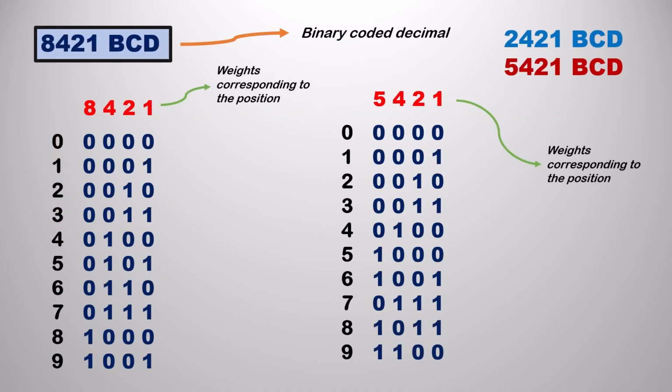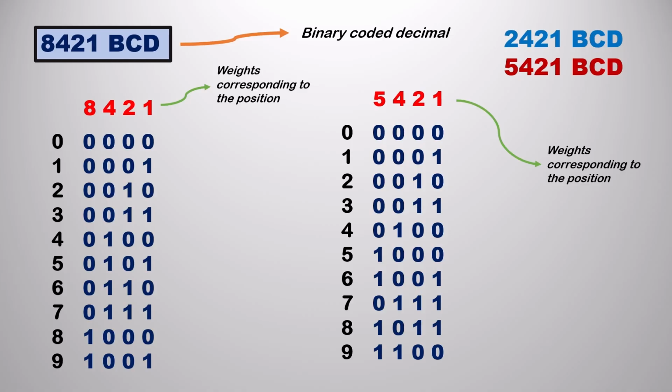We have already seen 8421 BCD. In the weighted codes, the second one we are going to see is 5421 BCD. I said that it is weighted. So if you add two positions or any multiple positions, we have to get the corresponding decimal.